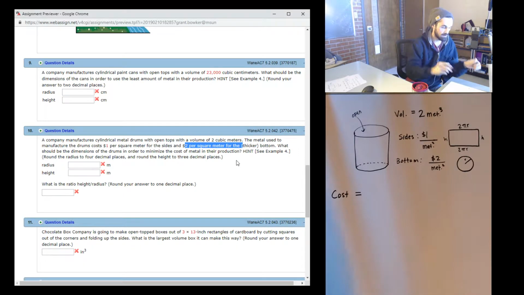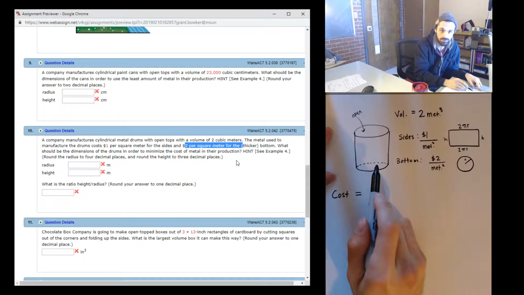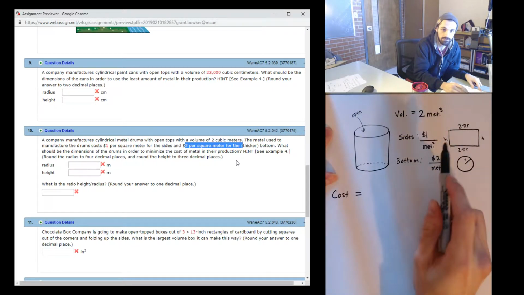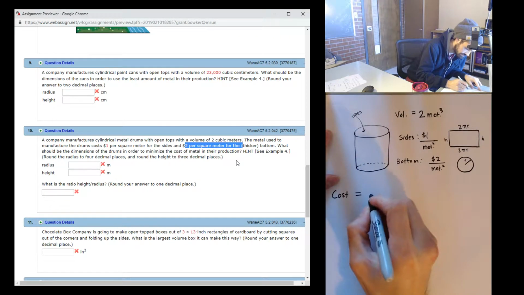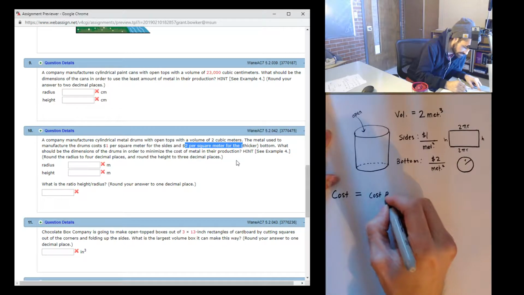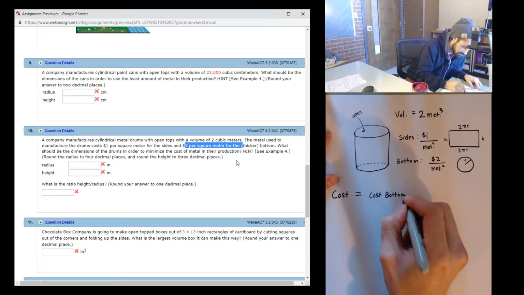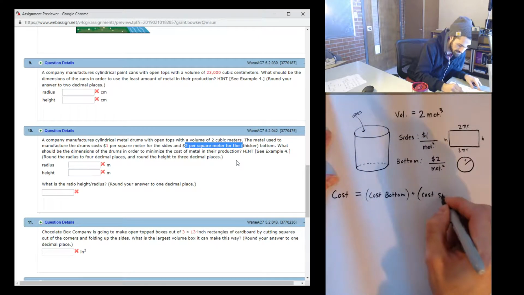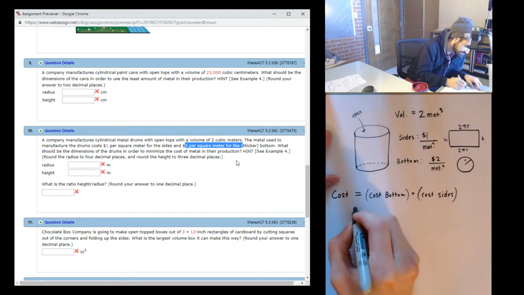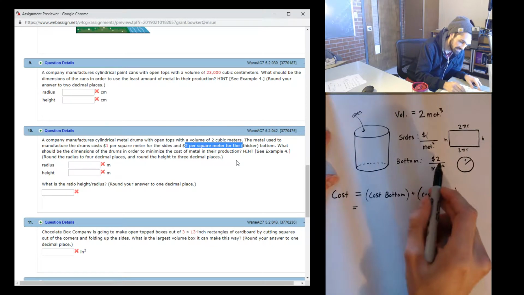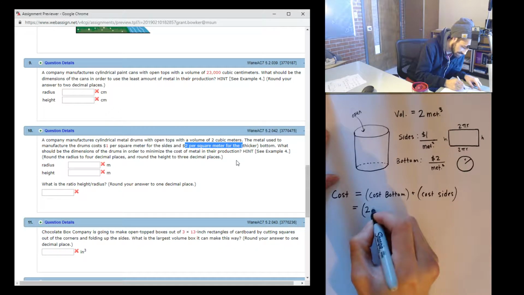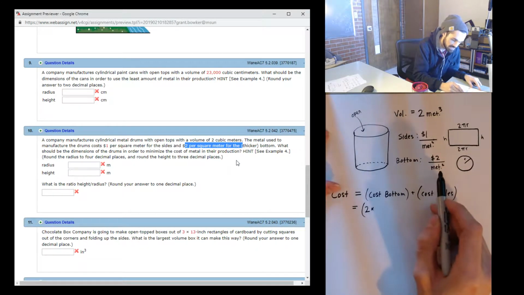So the cost of building this can, we need to consider the area of the bottom and then add the area of the sides. So the cost of the can is going to be the cost of the bottom plus the cost of the sides. Well, the cost of the bottom is $2 per square meter. So it's going to be $2 times the number of square meters.